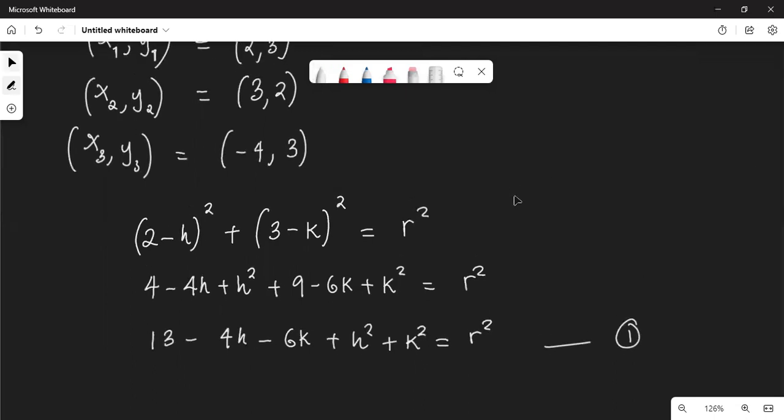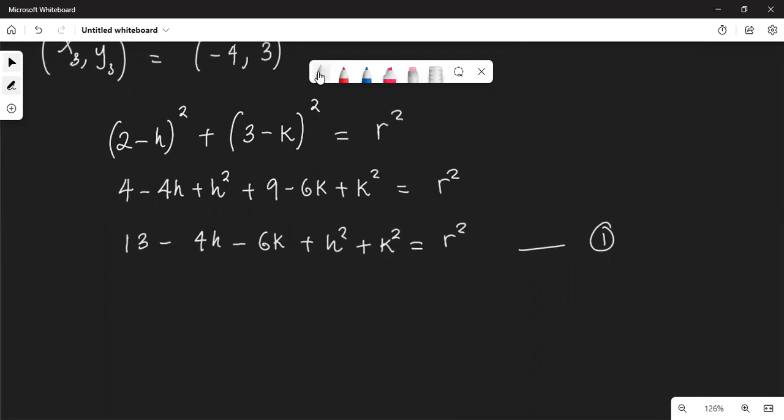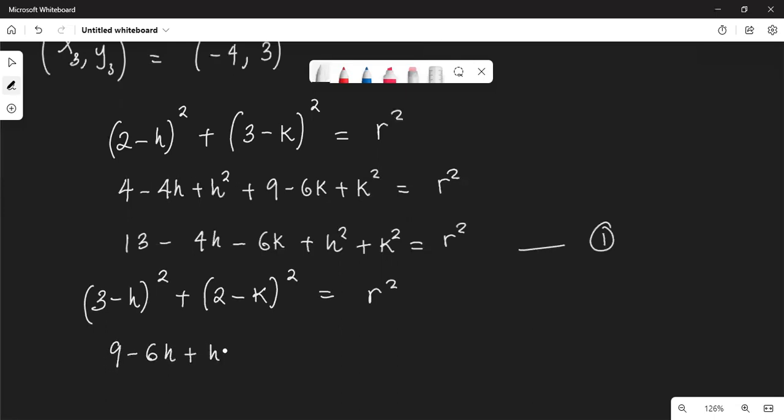For the next equation, we're going to use (3, 2). In this case, our x is 3, our y is 2. So we repeat the same process. We get (3 minus h) squared plus (2 minus k) squared equals r squared. Expanding, we have 9 minus 6h plus h squared plus 4 minus 4k plus k squared, which is equal to r squared.